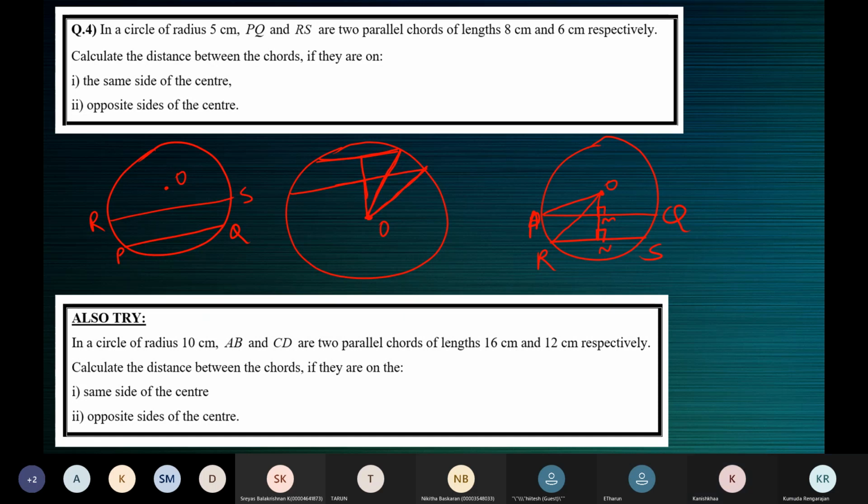Perpendicular bisector, ma'am. No. It's a perpendicular bisector of? PQ and RS, ma'am. No, what is OM? How will you explain? A perpendicular bisector of PQ, ma'am. No, something else.